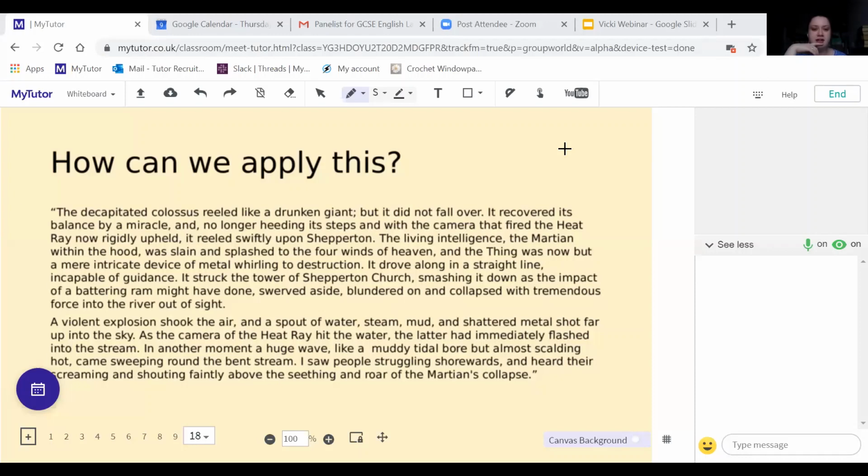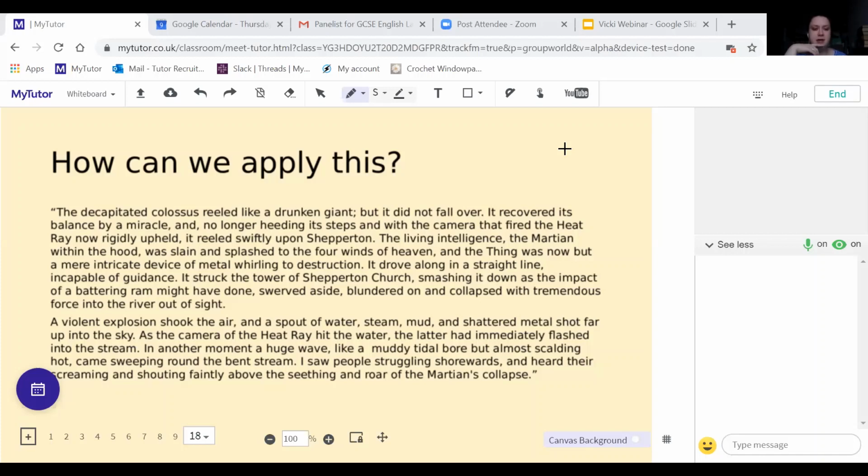It drove along in a straight line, incapable of guidance. It struck the tower of Shepperton Church, smashing it down as the impact of a battering ram might have done, swerved aside, blundering on and collapsed with tremendous force into the river out of sight.